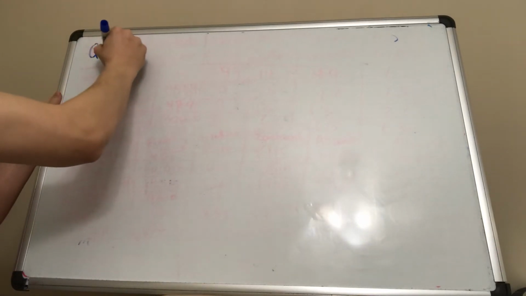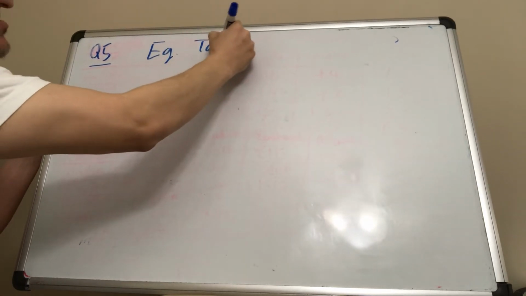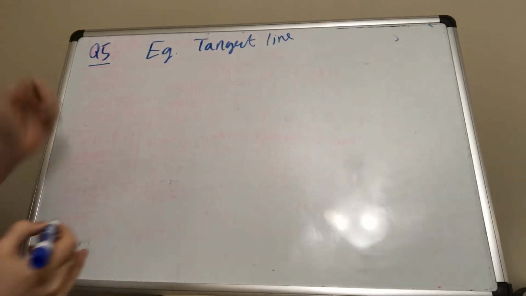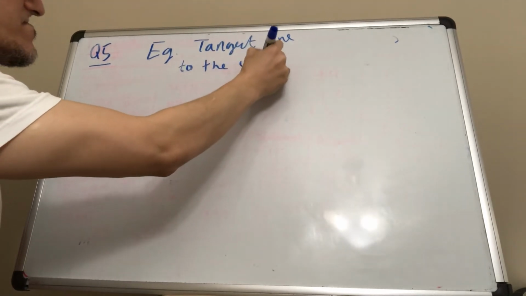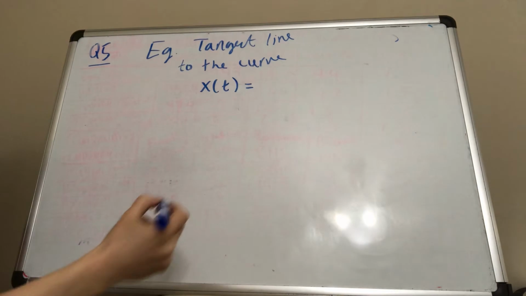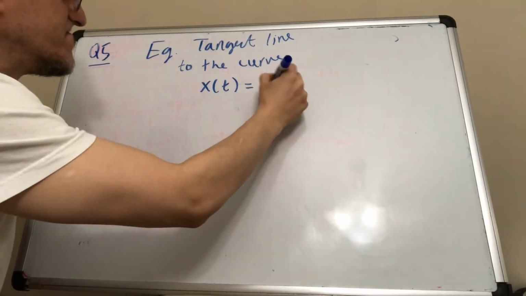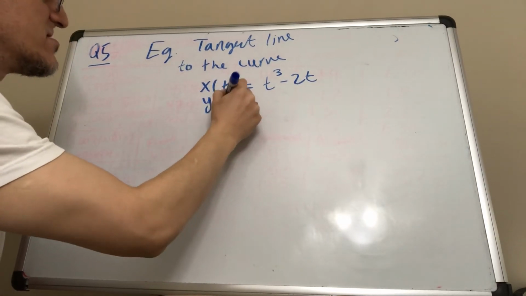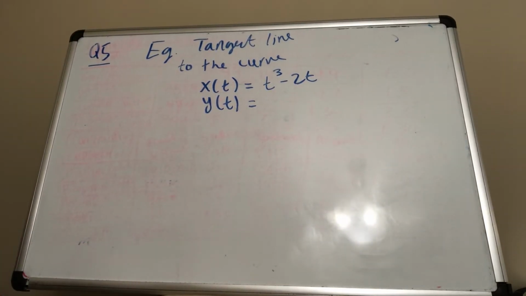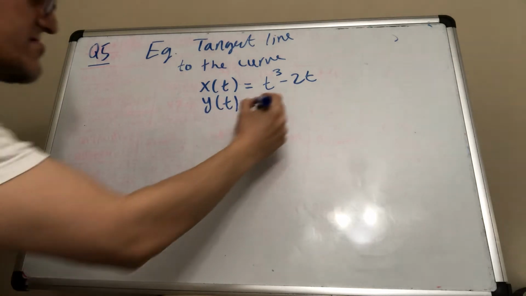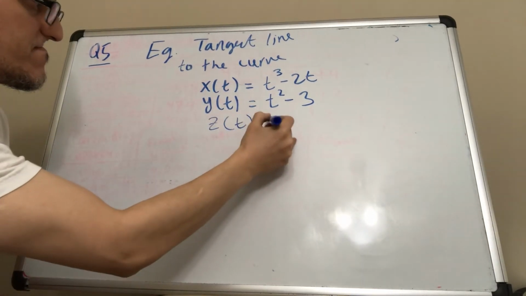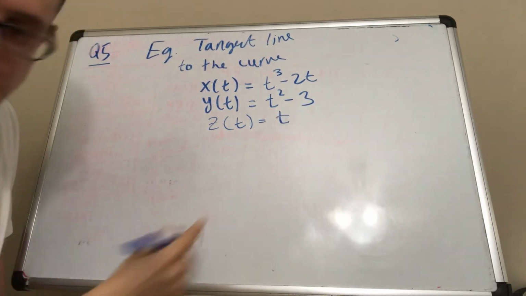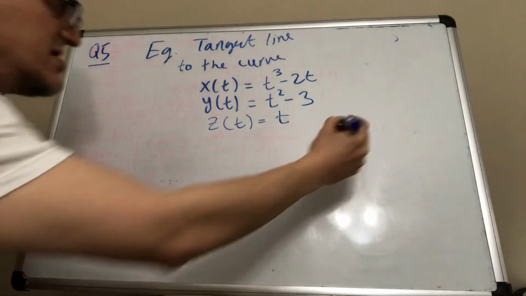You need the equation of the tangent line to the curve where x equals t cubed minus 2t, y equals t squared minus 3, and z equals t, when t equals 1.